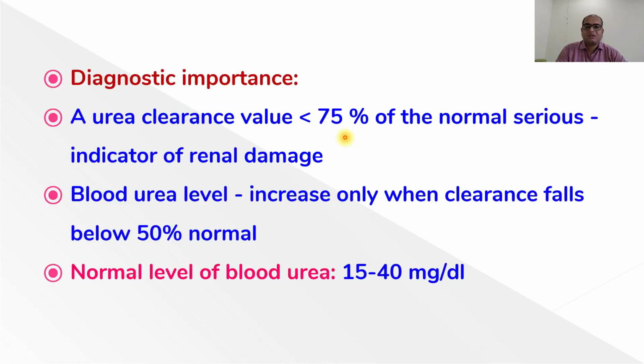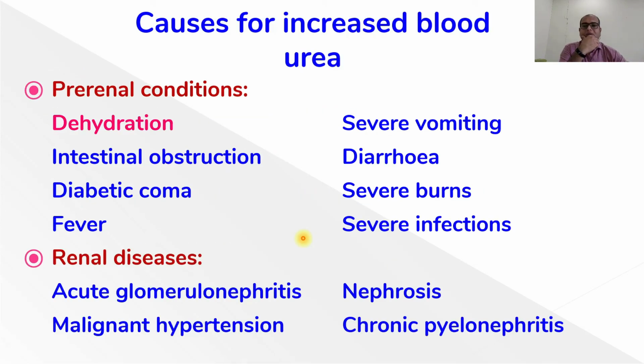What is the diagnostic importance? A clearance value less than 75% of normal directly indicates there is renal damage. And blood urea will increase when your clearance value falls below 50% of normal. So what are the causes of increased blood urea? Pre-renal and renal.